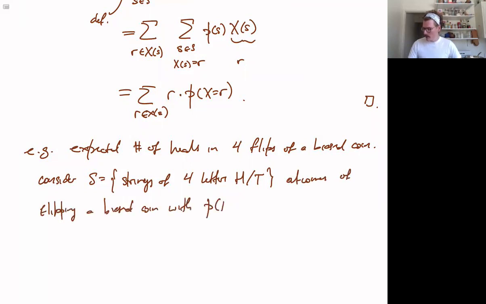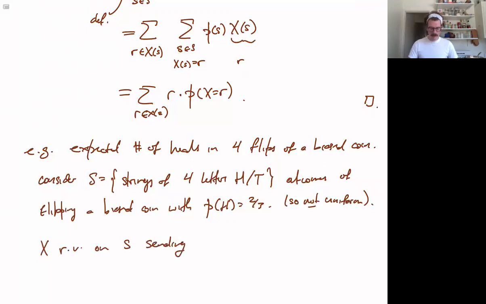And let's say that the probability of heads is 2/3. So this is not a uniform distribution in particular. And X, the random variable on S, measuring the number of heads.